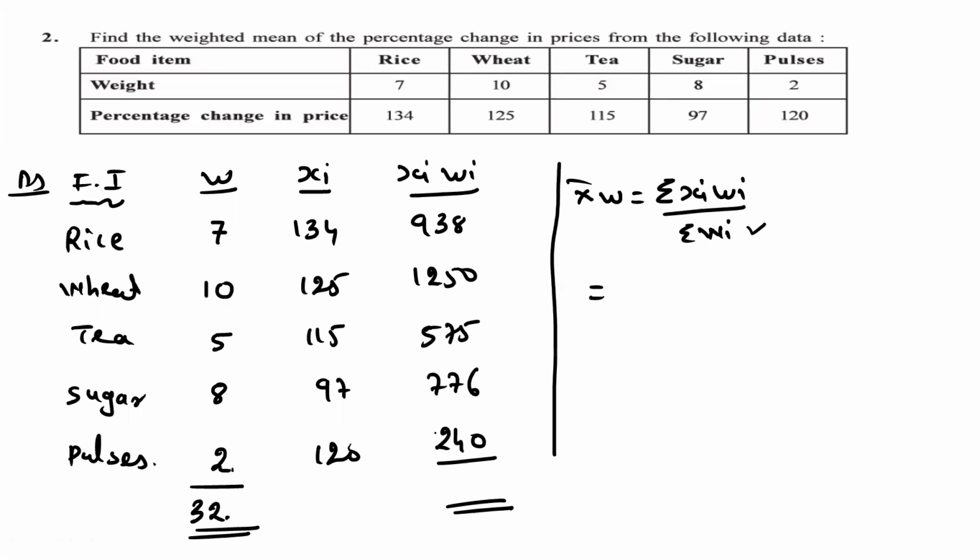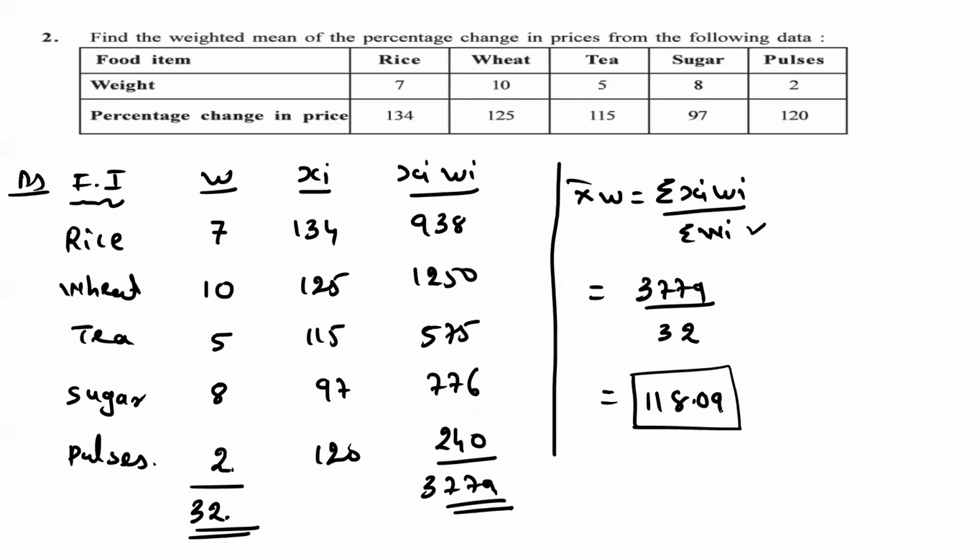The total of sigma xi wi is 3779. So here we write 3779 divided by 32, which is 118.09.